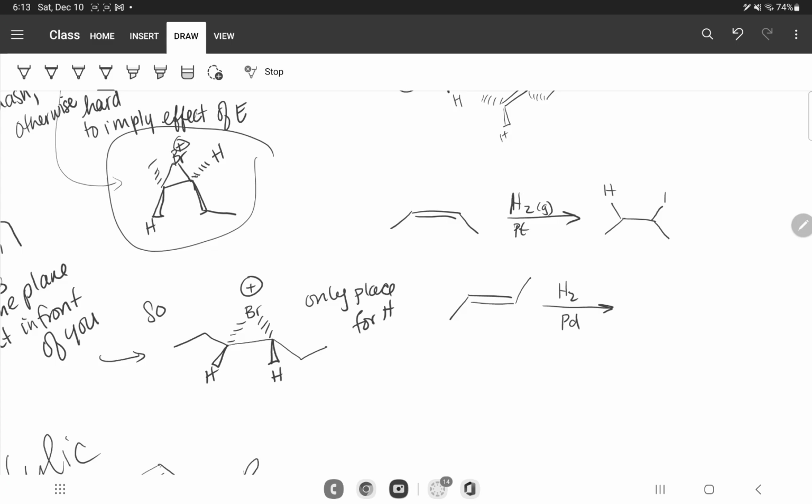I'm going to use deuterium, because remember, deuterium is just heavy hydrogen, so that it's more clear which ones I'm paying attention to.